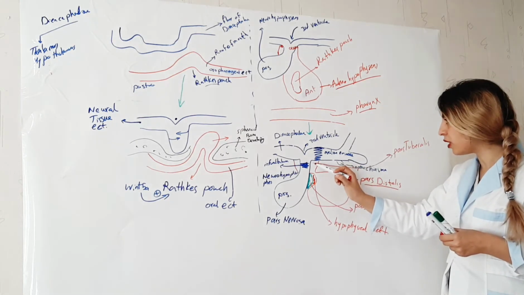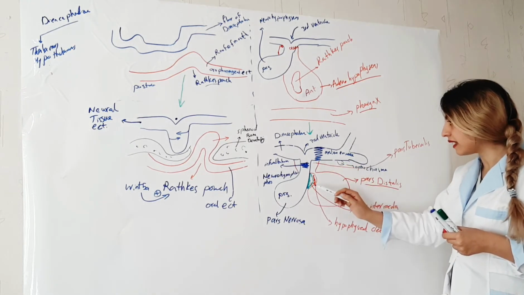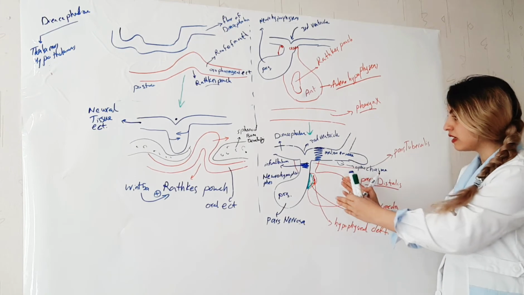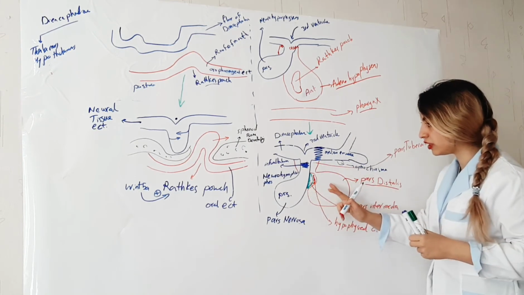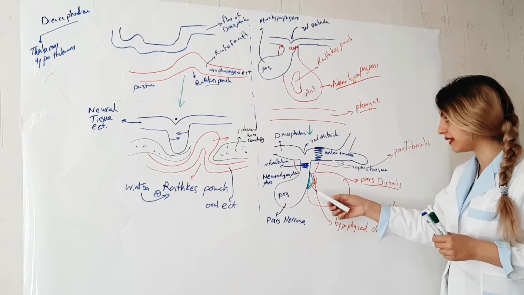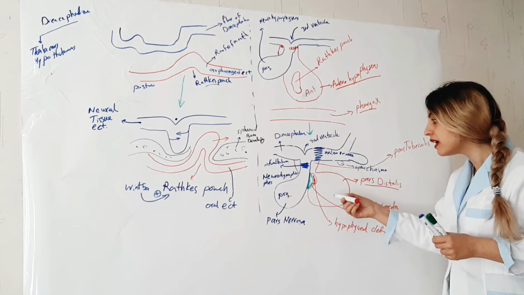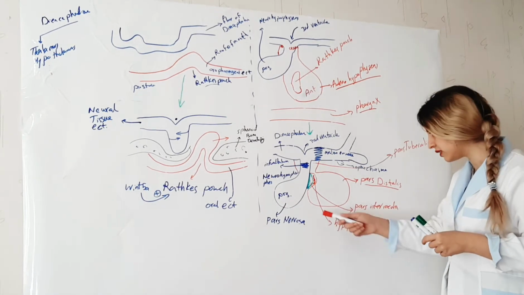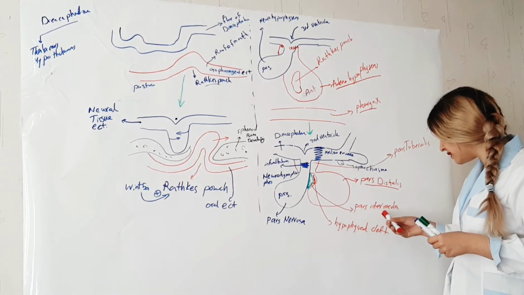One of them is a pars tuberalis, and also pars intermedia. This part is pars intermedia. It's the intermediate between this anterior pituitary gland and also posterior pituitary gland, and it is originated from the anterior part of my anterior pituitary gland, and it is called the pars intermedia.